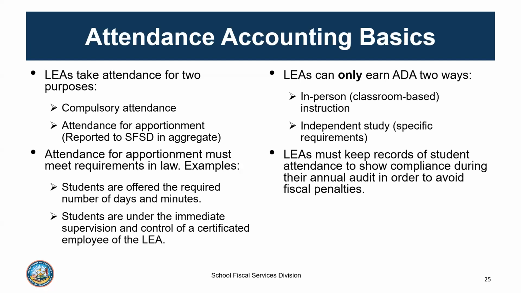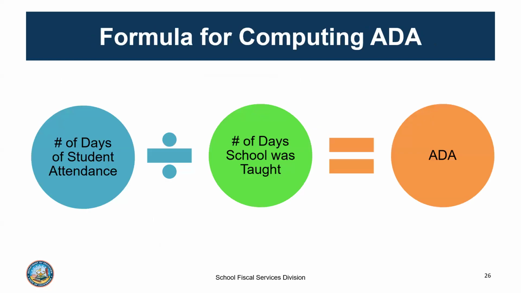LEAs can only generate ADA in two ways: through in-person classroom-based instruction or through independent study. LEAs must keep records of student attendance to show compliance during their annual audit in order to avoid fiscal penalties. The formula for computing ADA is the number of days of student attendance divided by the number of calendar days school was taught.